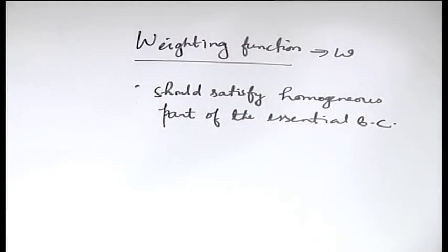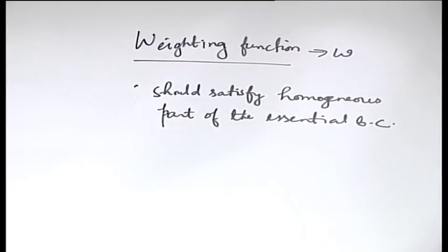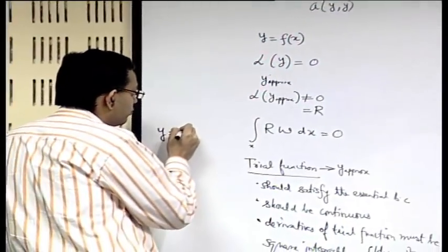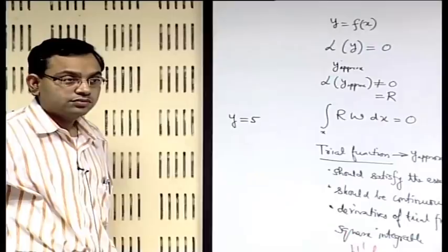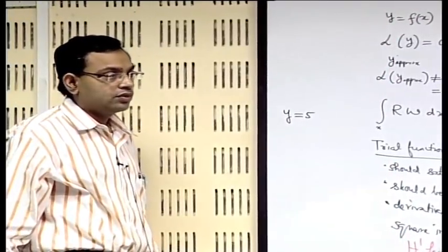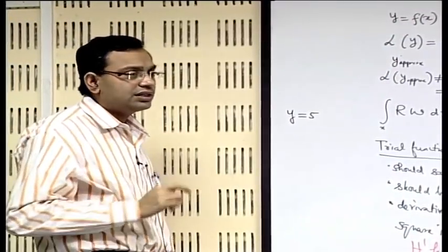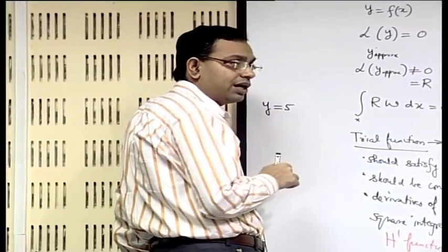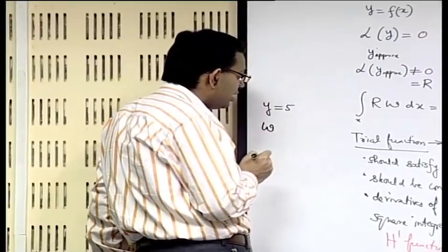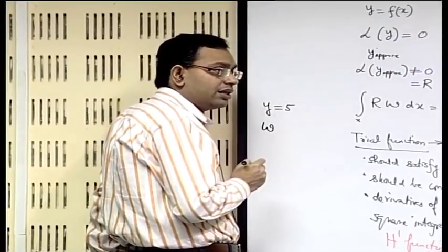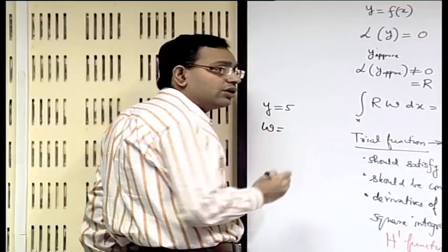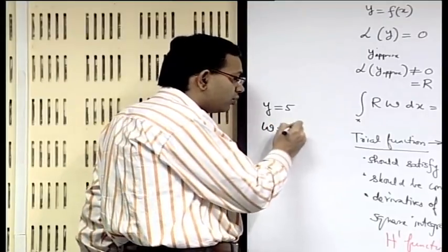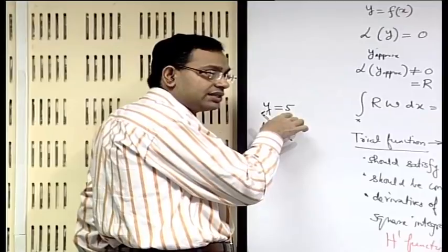What is the homogeneous part of the essential boundary condition? Let us say you are having a boundary value problem with y at one of the boundaries equal to 5. The weighting function should satisfy its corresponding homogeneous part. So, the weighting function should satisfy the requirement that it is equal to what? It is equal to 0. Homogeneous means this right hand side is 0.